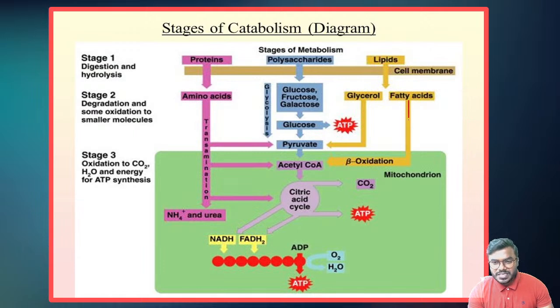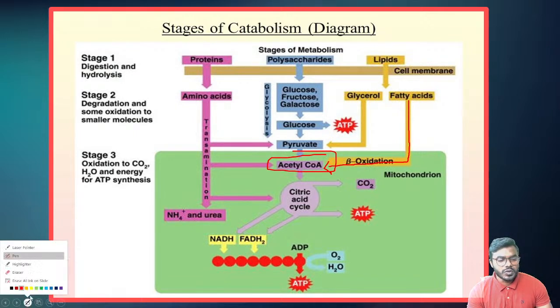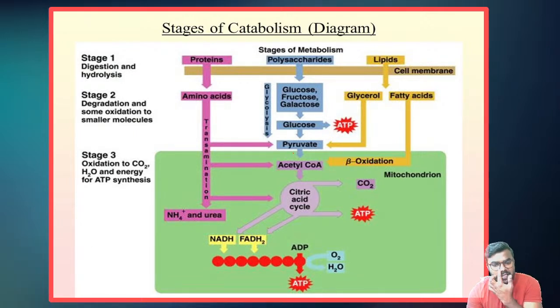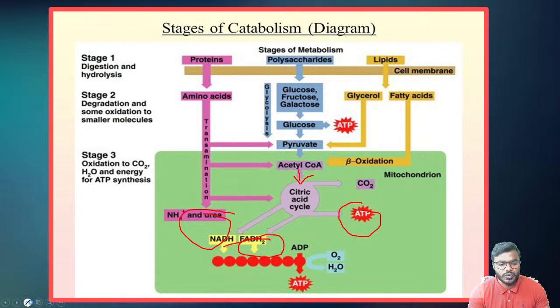Ultimately what is the fatty acid going to give rise to? Ultimately fatty acid is going to give rise to acetyl CoA. Don't get confused with this particular point. And friends, this acetyl CoA enters into the citric acid cycle. Once again they produce ATP, NADH and FADH2.